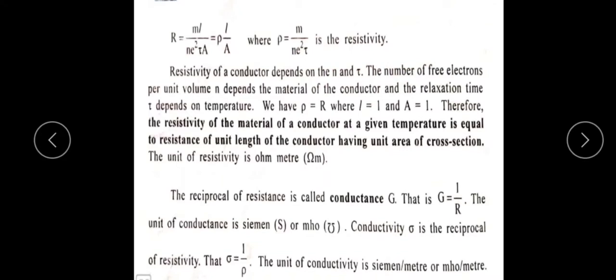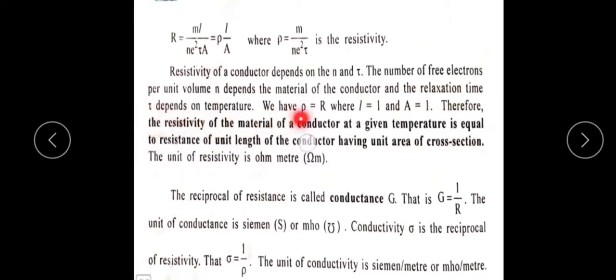The resistivity of a conductor depends on the number of free electrons and relaxation time, that is, on n and tau. The number of free electrons per unit volume, n, depends on the material of the conductor, and relaxation time tau depends on temperature.